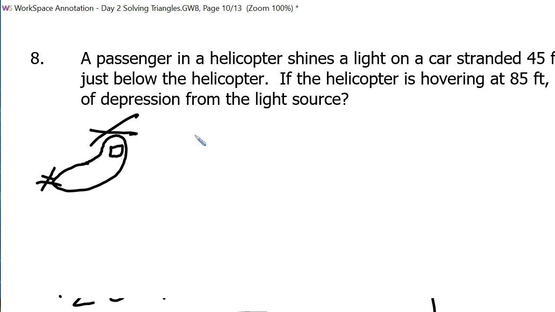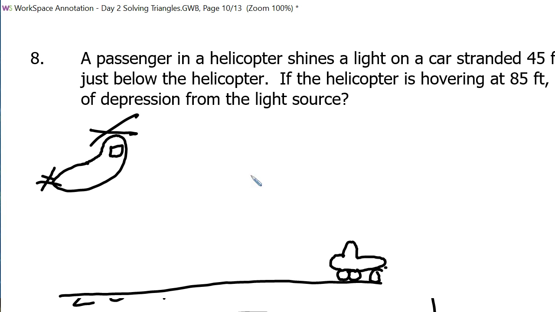Let's see, there's an angle of depression from the light source, and the light source is being shined on a car that's straight at 45 feet from a point directly below the helicopter. So down here I have a car. I guess this car is actually an El Camino.